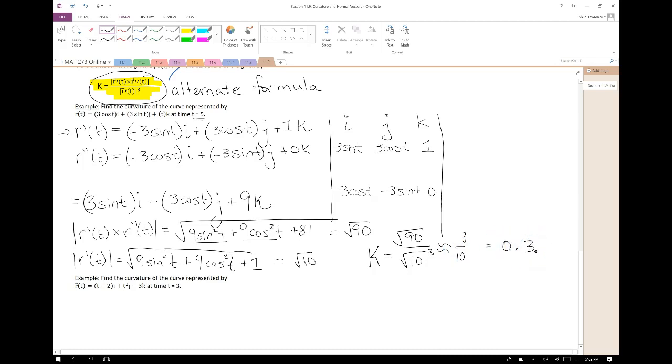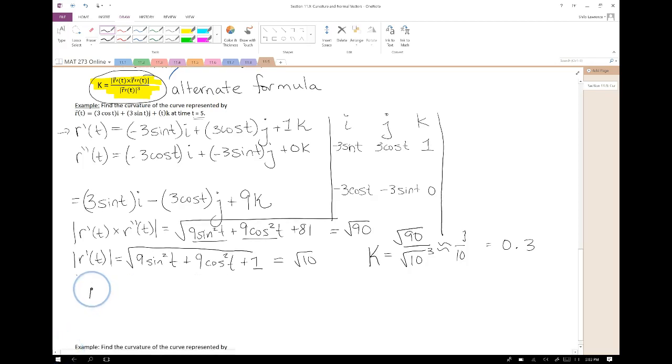What that means is, even though we do not have this graph, we have an idea of how curvy the graph is at t equals 5. Also notice we never had to plug in t equals 5 in this problem. So this curve has constant curvature. We got a constant back even though we never plugged a particular time in.